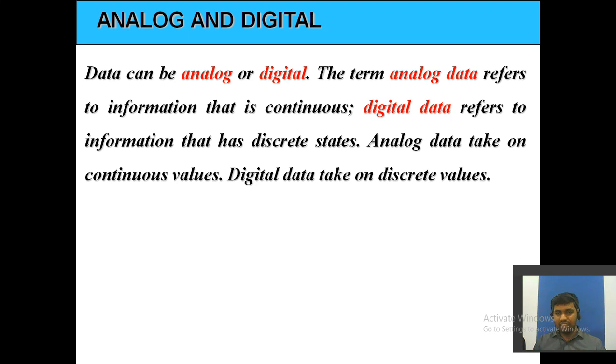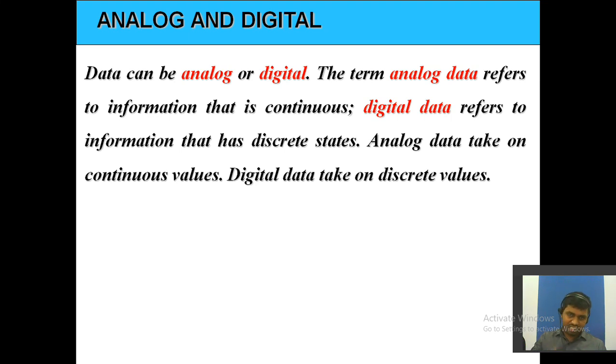But digital is a distinct state. It is the information that has distinct states; there is no continuous state. Analog data takes continuous values, but digital data takes distinct values. We all know what analog information, analog communication and digital communication are.